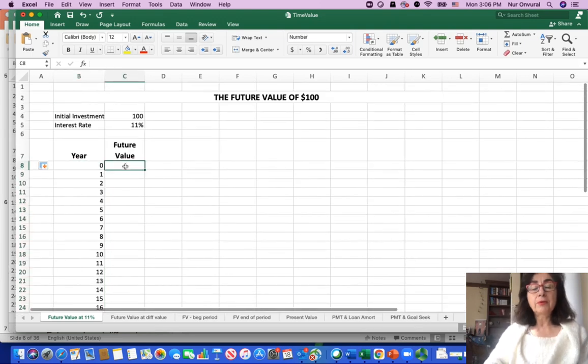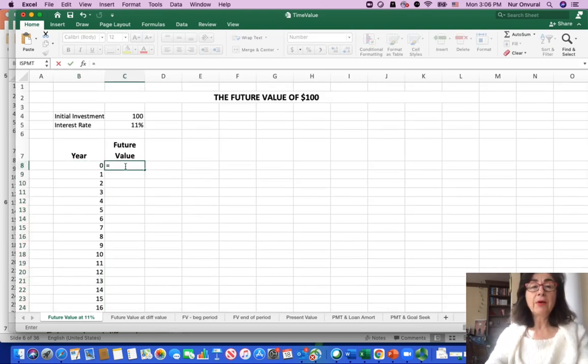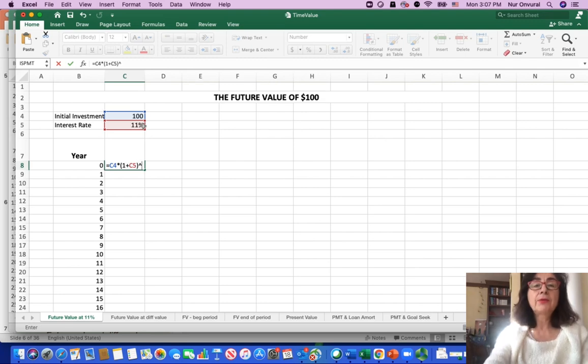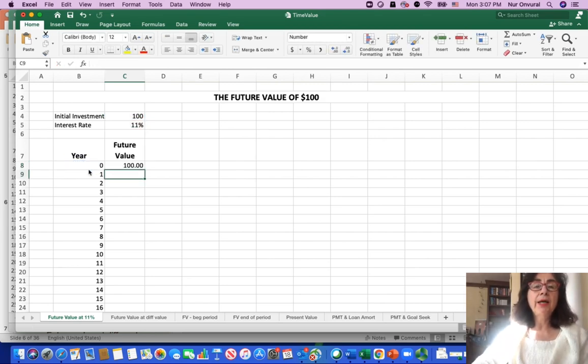Then in order to calculate the future value, I'm going to use the equal sign, and use the cell where the initial deposit is, multiply that by 1 plus the interest rate, raised to the power of the year, which in this case is year 0, in cell B8 in my case.